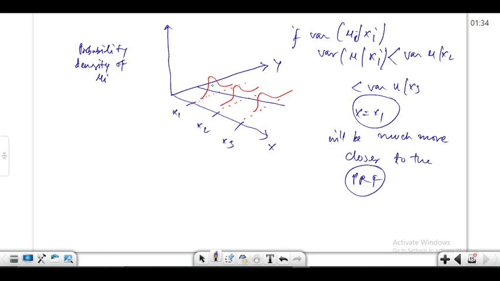So when I say that there is homoscedasticity, it means that for every xi value, whatever y values I'm getting, the dispersion around the regression line is similar in all the cases.